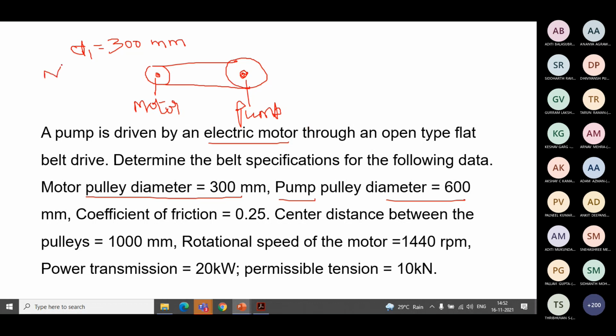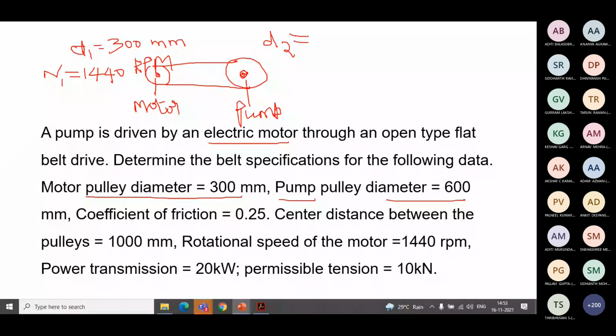N1 is 1440 RPM. Then D2 is how much? D2 is double of D1.